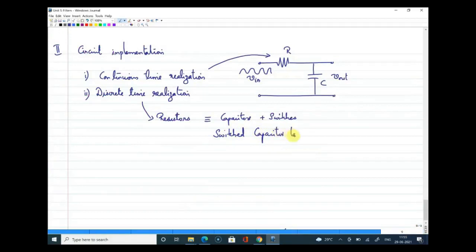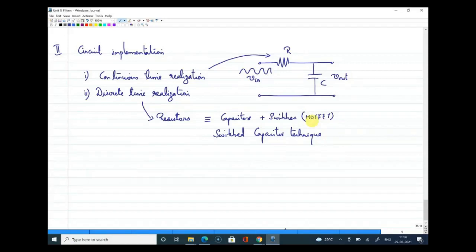In this technique, we replace a resistor using MOSFET switches and a capacitor. This combination of MOSFET based switch and capacitor will give the same effect as that of a resistor, right?